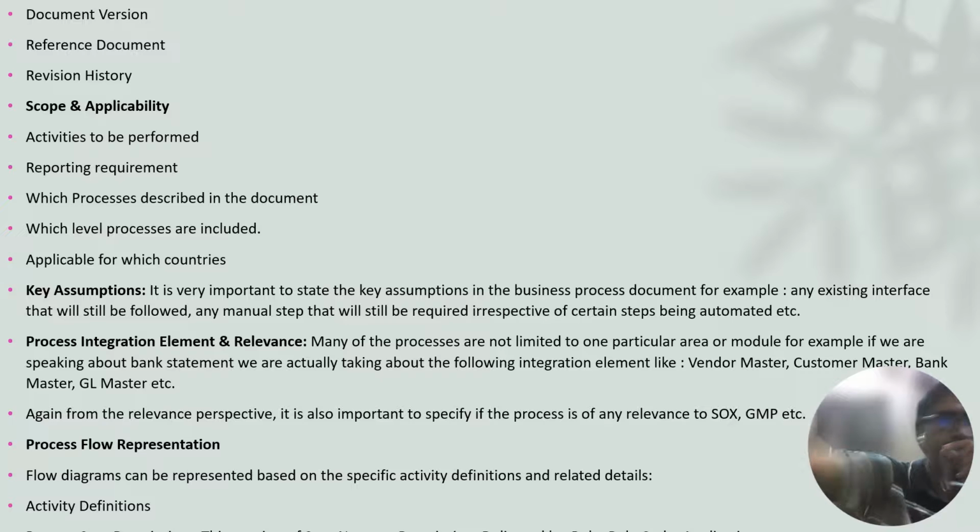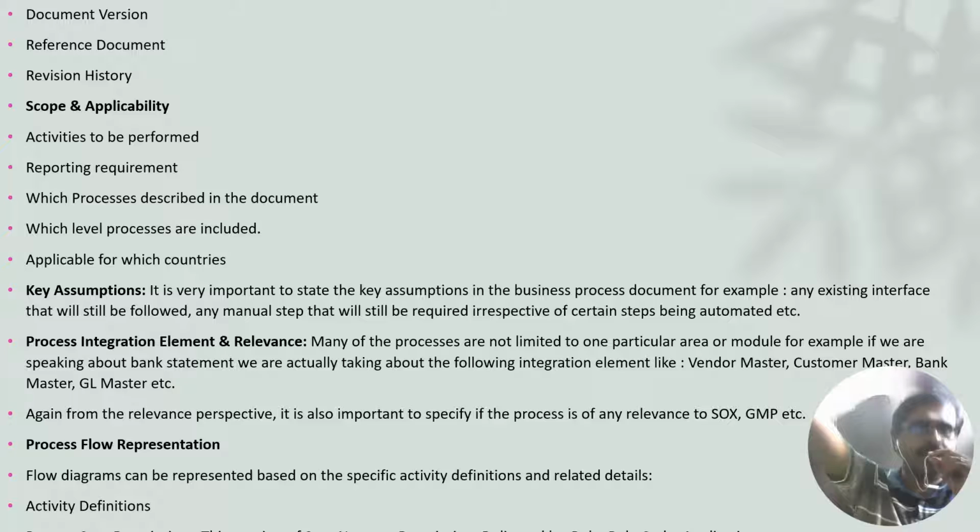Instead of doing the same repetitive job, you can give the reference document number so that you can easily understand. Say in 2011 you implemented a particular process, and in 2012, 13, 14, 15 you did a lot of changes, and in 2016 you are doing a new change. At that time you will refer to the previous ones: 2011 this was implemented, and in 12, 13, 14, 15 you did some changes. You can easily track down all these changes using the reference document.